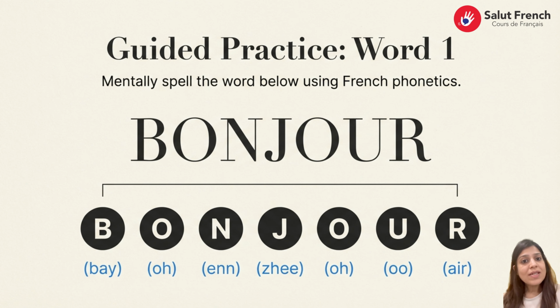So now let's practice the question Ça s'écrit comment for some words that we are familiar with. Okay, let's start with bonjour. Ça s'écrit comment? Bonjour. Try answering it. B O N J O U R. That's bonjour.